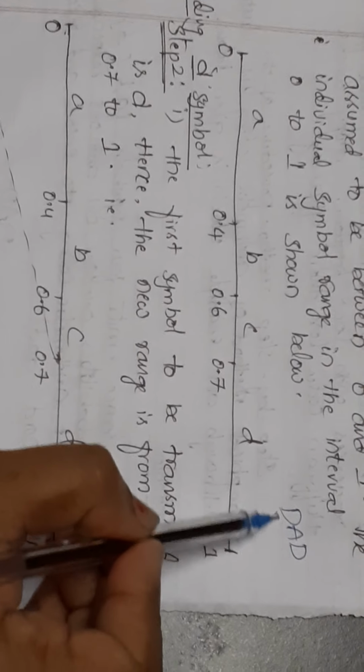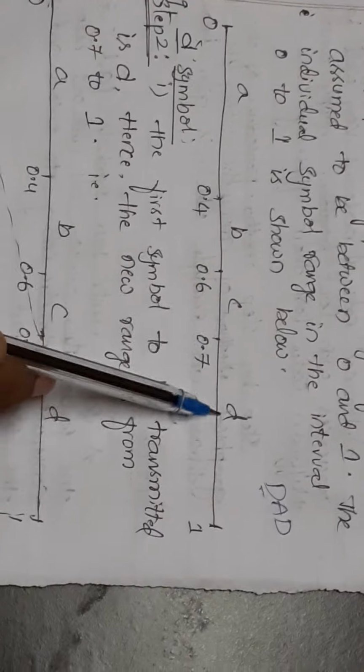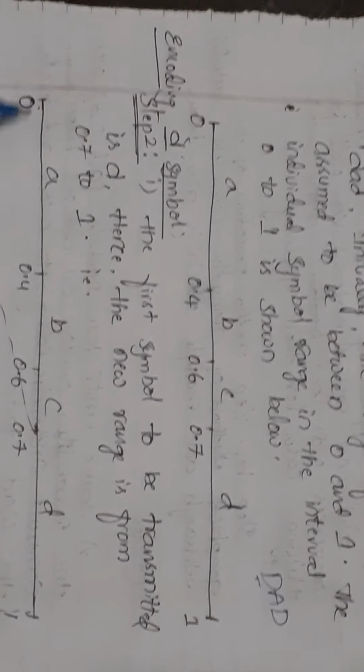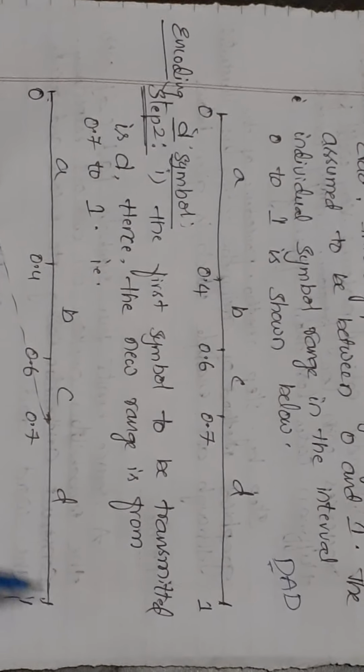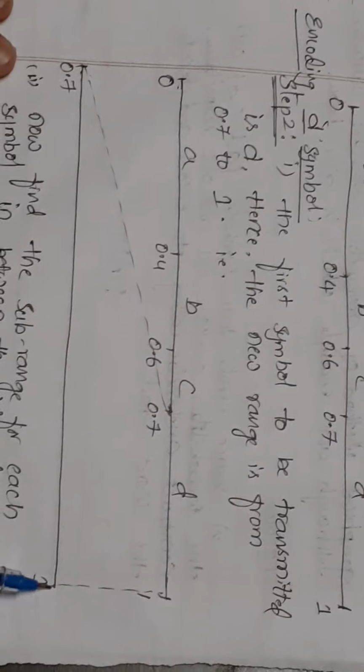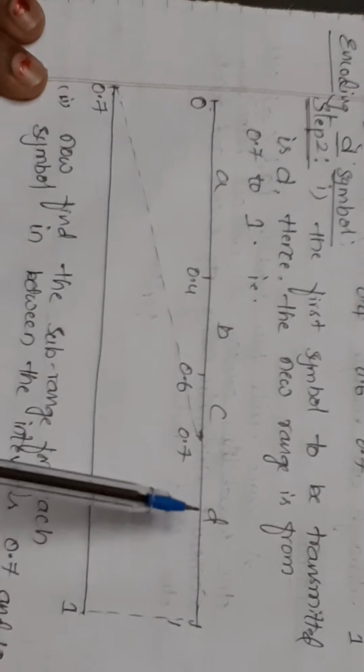The first letter is D. What is the interval of D? It is from 0.7 to 1. So I have constructed a line where 0.7 to 1 is the interval of D, because first of all you are encoding D as a symbol.